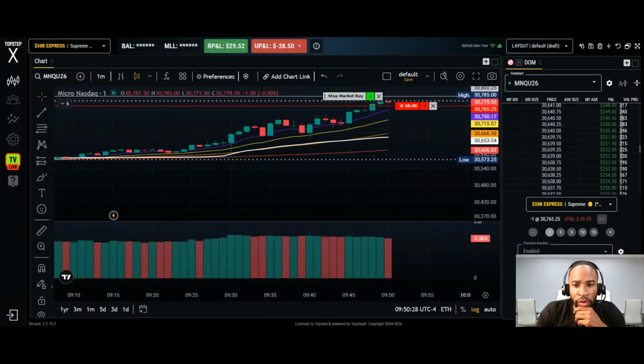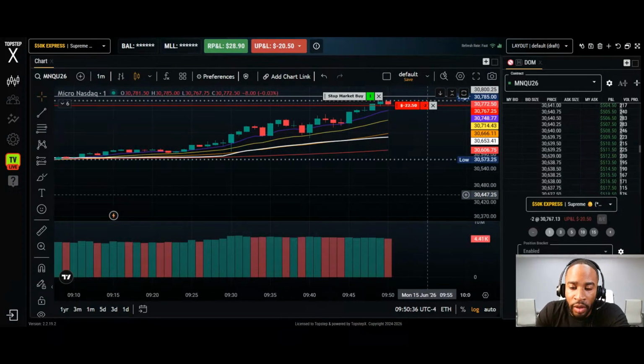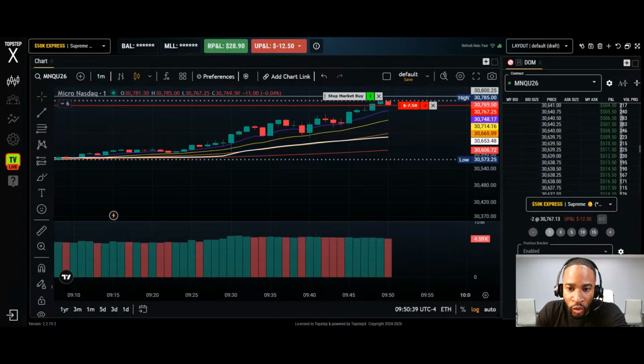We do have some selling pressure developing though. All right, order filled. I'm going to add one more right here. Let's go. Come on. Holding 2 contracts at the moment on the 1-minute time frame. Risky play, family. Make sure you have your stop loss in place.